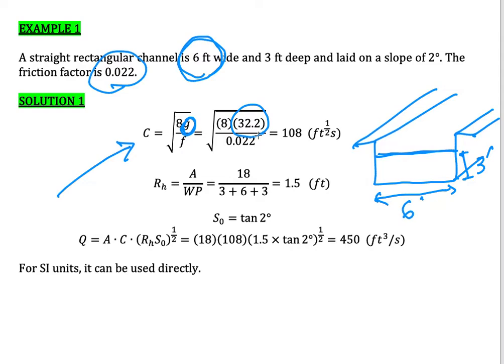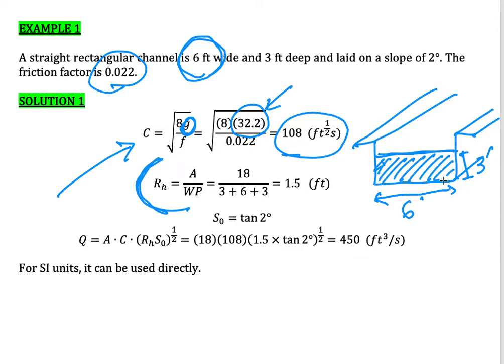Okay, so we substitute the values and we have this value, and then we need to calculate the hydraulic radius. So this is the hydraulic radius calculation. The cross-sectional area here is 6 times 3, so we have 18, and then the wetted perimeter. Bear in mind that the wetted perimeter is the perimeter that is wetted by the fluid.